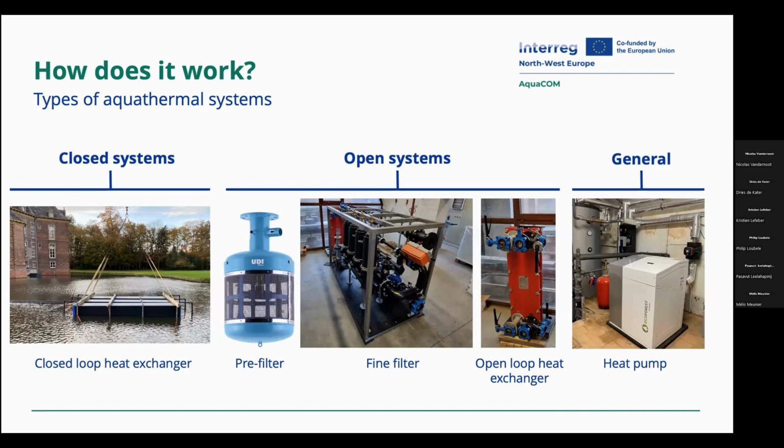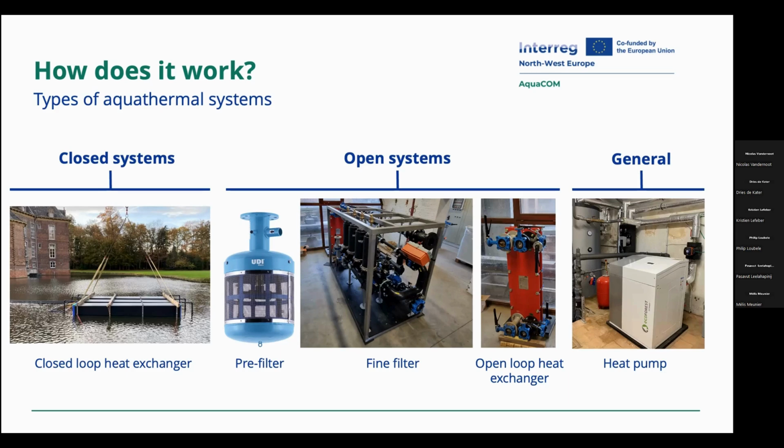But as you can see, it's already large equipment. In this case, it was around 25 square meters that we used as an obstruction in the water body. That's a heat exchanger for the closed loop systems. And that heat exchanger is directly connected to the heat pump.